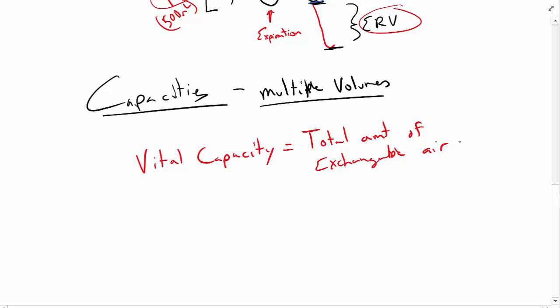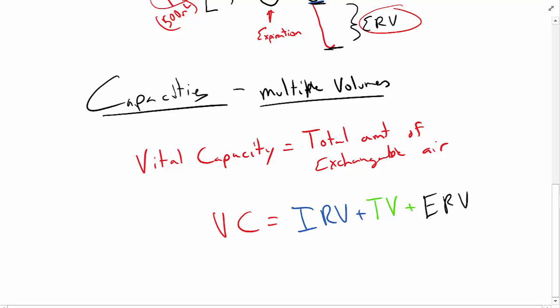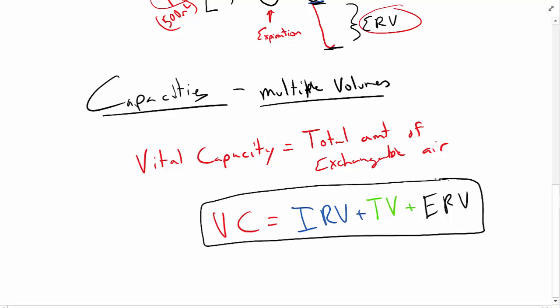Okay, it's the total amount of exchangeable air, or you could say it like this: vital capacity equals inspiratory reserve volume plus tidal volume plus expiratory reserve volume. So that would be an example of a capacity. Now there are several other capacities that we're going to go over in the next part of this video.